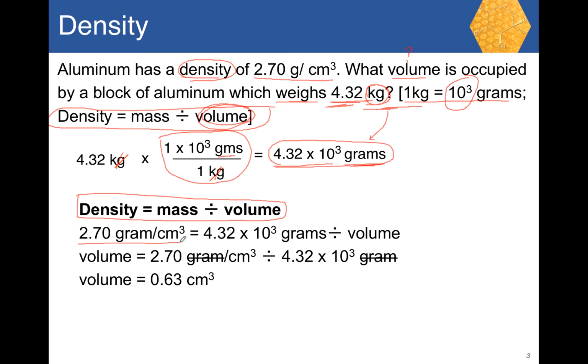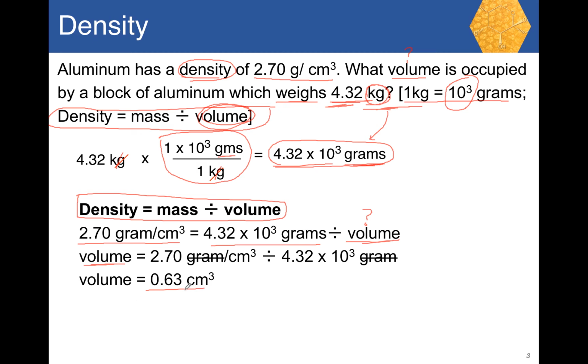2.7 grams per cubic centimeter is equal to 4.32 times 10 to the third grams, and that is now divided by the volume, which is our unknown. So using the algebra, we can solve for this unknown here, volume, and it works out to be 0.63 cubic centimeters.